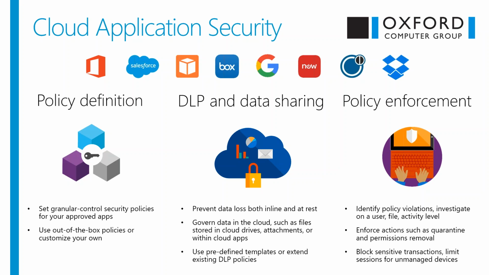It does tie in with Azure Information Protection, which is the classification and protection of documents. It ties in with those labels, allowing you to create your own policies around how data can traverse through the environment, whether it can be shared externally or who's actually gaining access to it. It also does look at login events, so we're able to pull in login events from these different services to look for malicious activity.